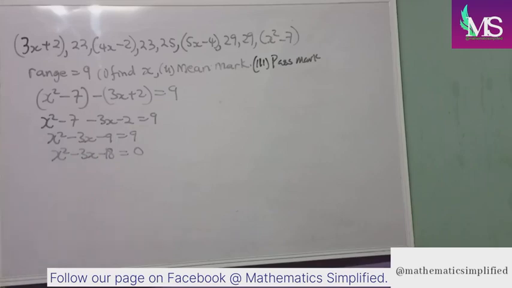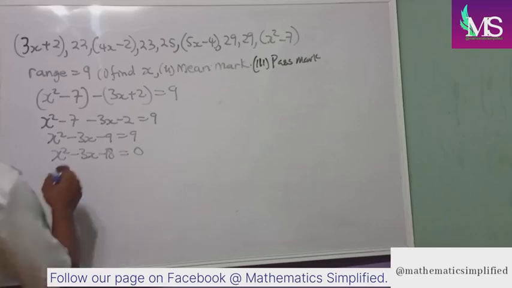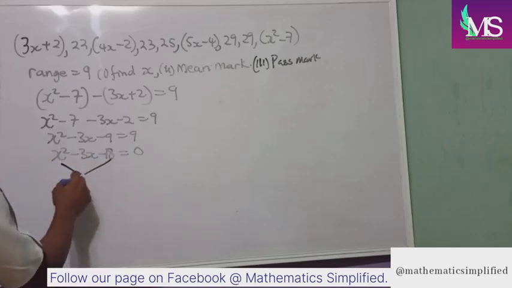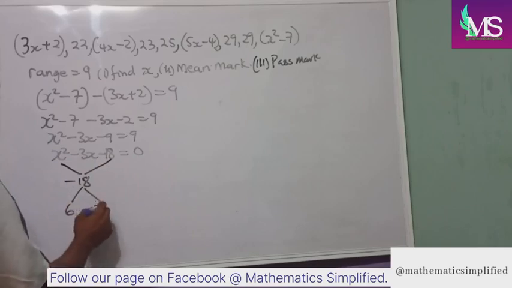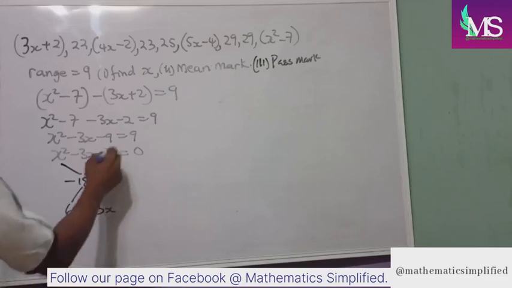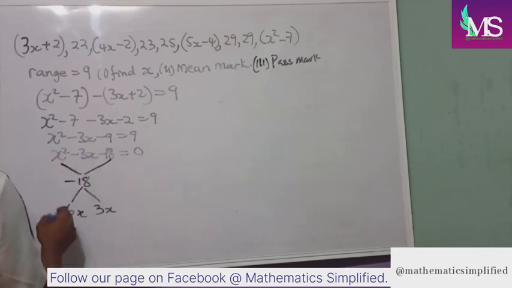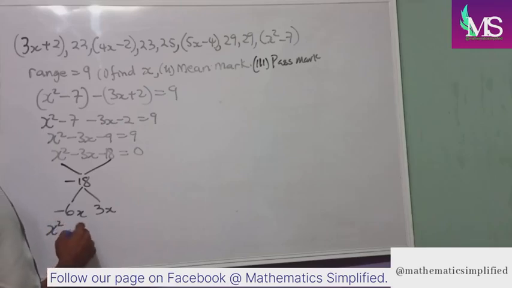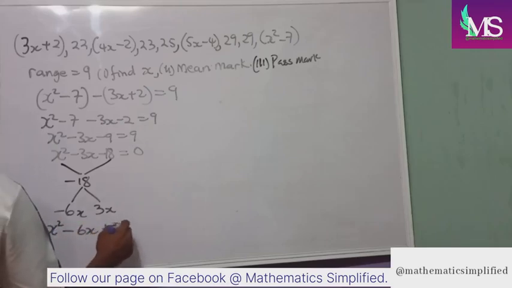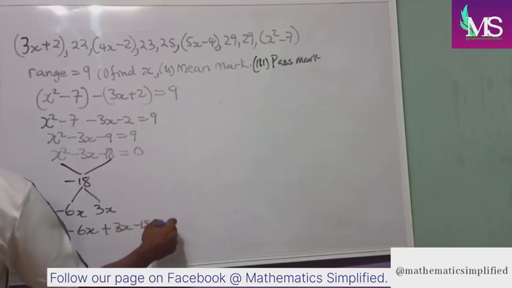So if we now factorize this out, we have minus 18. Our factors will be 6 and 3. 6 times 3 gives us 18, and 6 minus 3 gives us 3. So this will become x squared minus 6x plus 3x minus 18 equals 0.